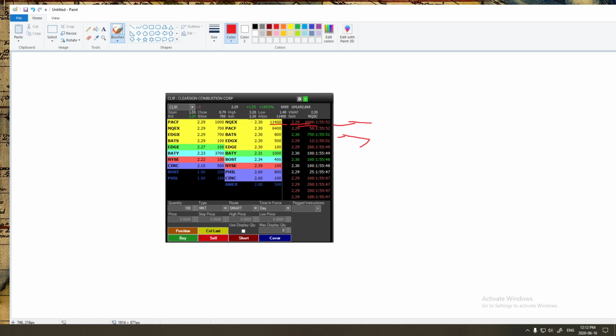So you know that at 230 there's a resistance. That's a good way to see that at 230 you don't want to go long, you maybe want to go short, because there are a lot of people selling, so there's a big resistance.